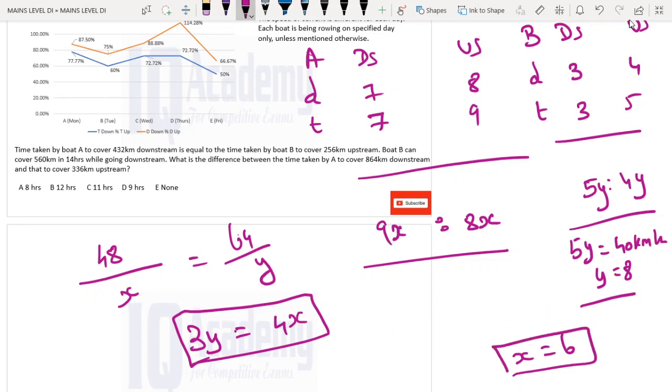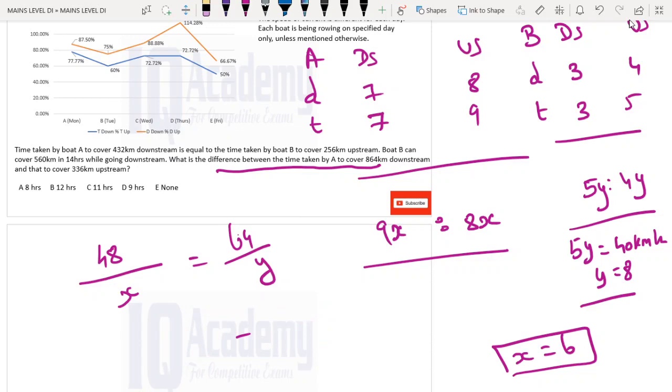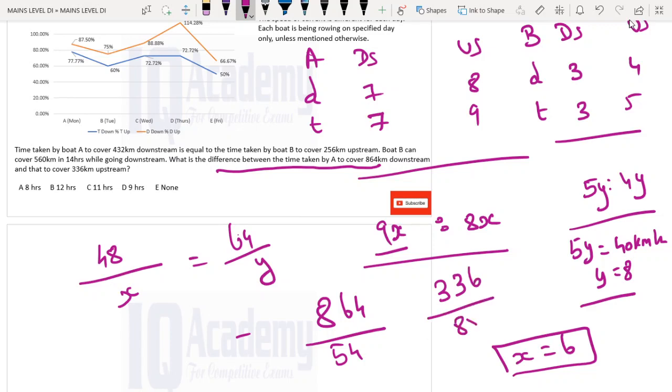Then what is the difference between the time taken by boat A to cover 864 kilometers downstream and 336 kilometers upstream? The time taken by A to cover 864 kilometers downstream is 864 by the downstream speed, 9x, 9 into 6 is 54, and to cover 336 kilometers upstream, it is 336 by 8 into 6, which is 48.